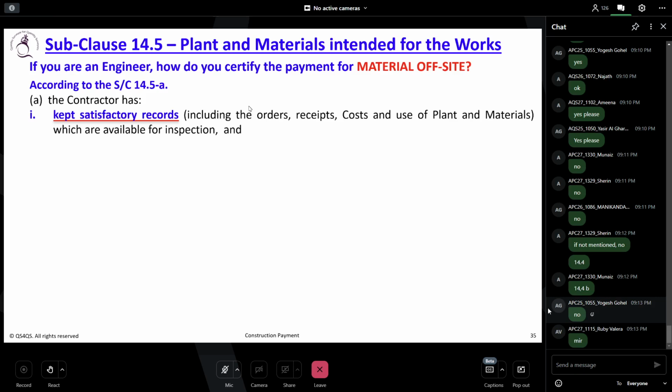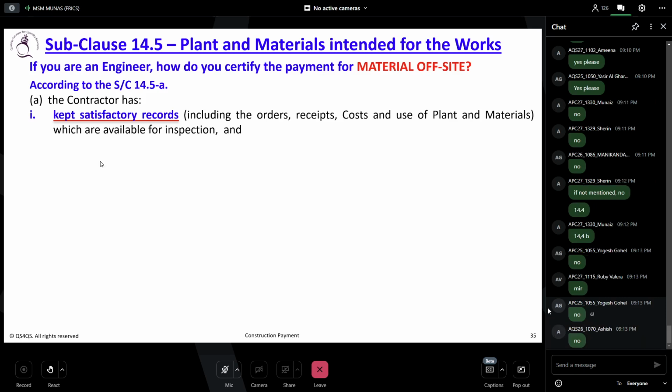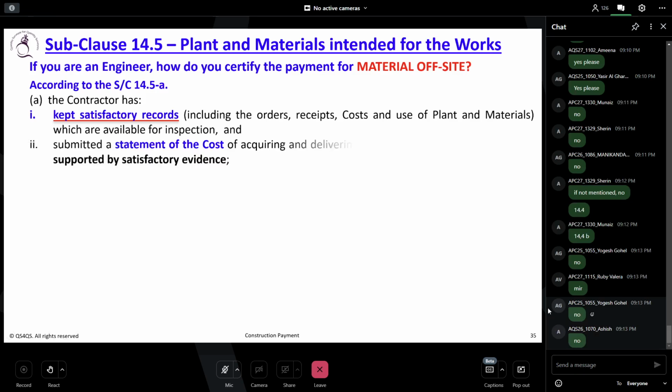Do you think you will get money from the consultant? Will not certify you. So carefully you have to keep the record. That is applicable for material on site or off site. Okay. Then submitted a statement of cost. Statement of cost of acquiring and delivering the plant and material to the site supported by satisfactory evidence. Again, it's a record.